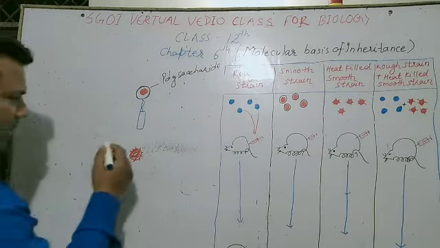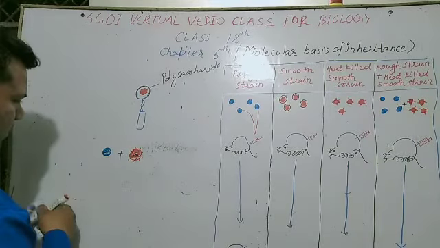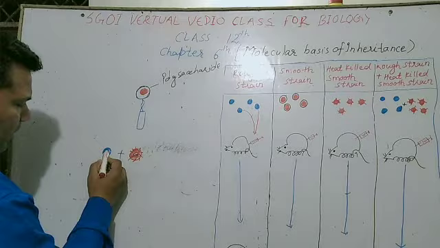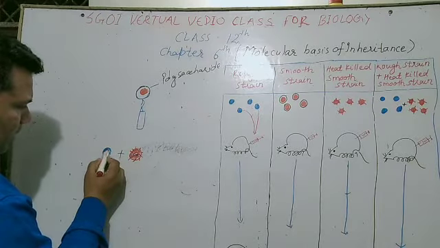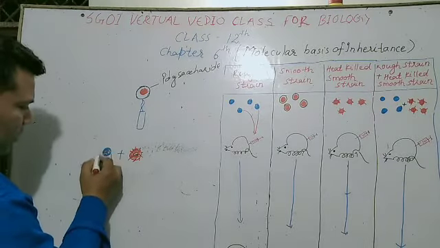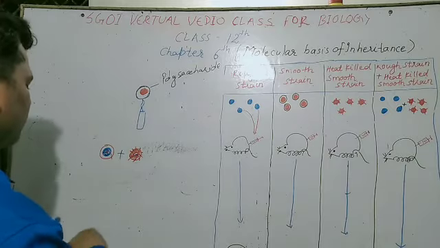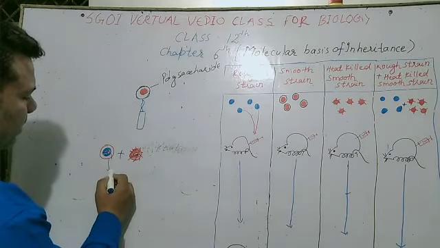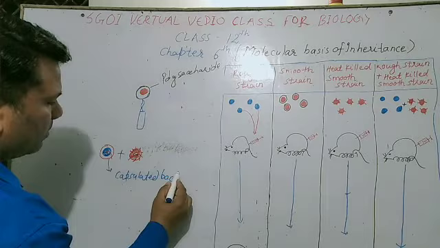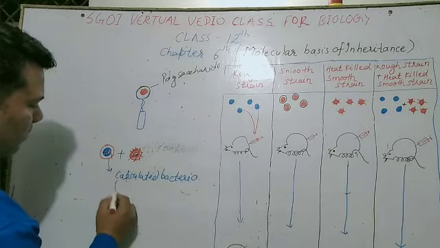The DNA that is present in the smooth strain passes into the rough strain, and this DNA has a gene responsible for developing a capsule around it. So it becomes a capsulated bacteria, which is virulent in nature.